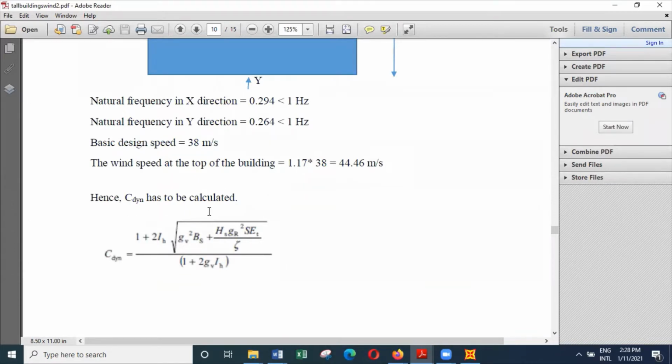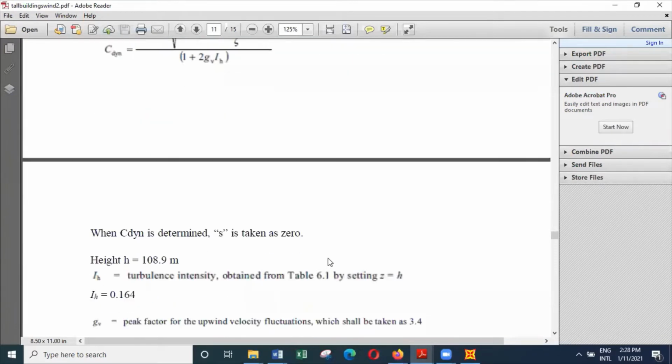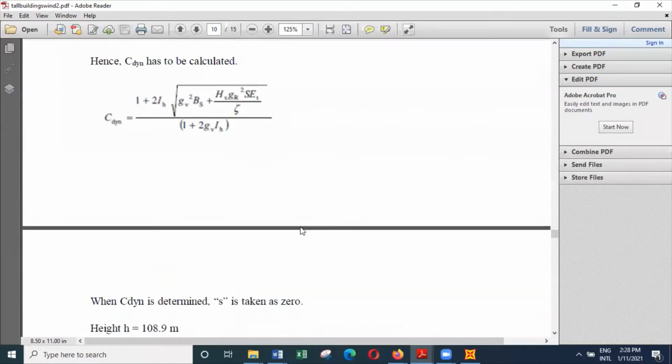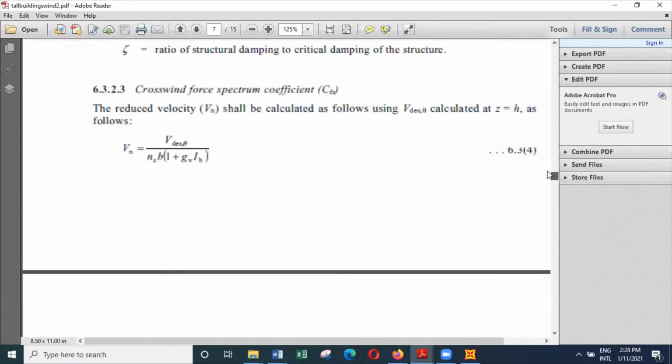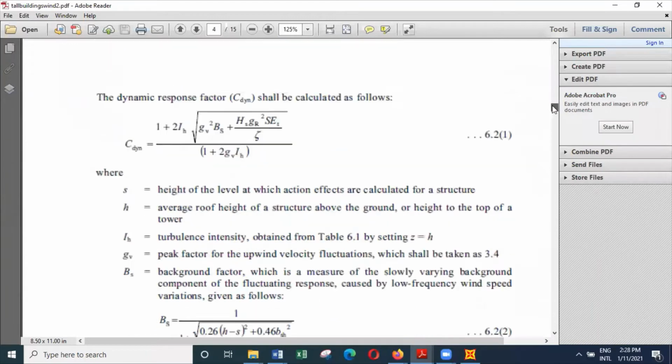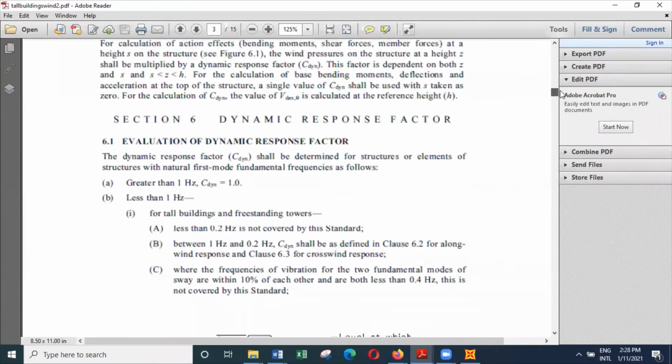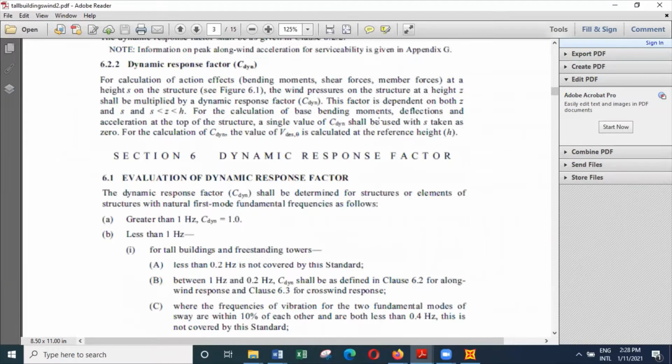And to determine the C dynamic value, we have to get all these values sorted out. So the first one: when you want to determine the C dynamic, S is taken as 0, because that's given in the description, saying that when you calculate C dynamic, deflections at the top of the building, a single value of C dynamic shall be used with S taken as 0.